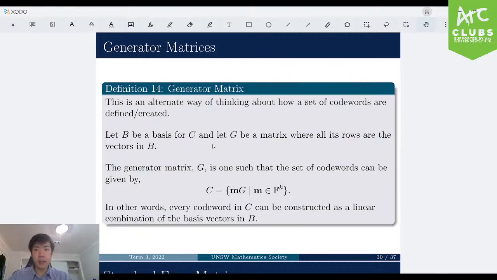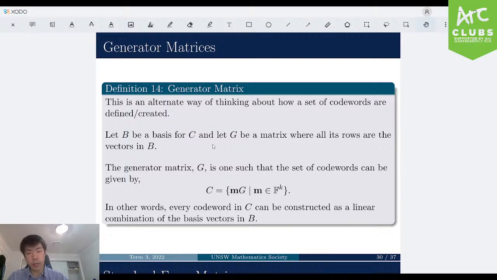Okay. Generator matrices. This is an alternative way of thinking about how a set of code words can be created, right? So previously we looked at generating code words by saying that it would be any vector when multiplied onto your matrix H gives you the 0 vector, right? So basically every code word is where the syndrome returns the 0 vector. This is another way of looking at it.